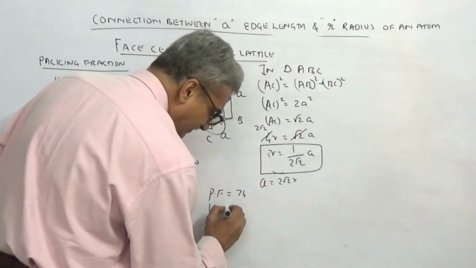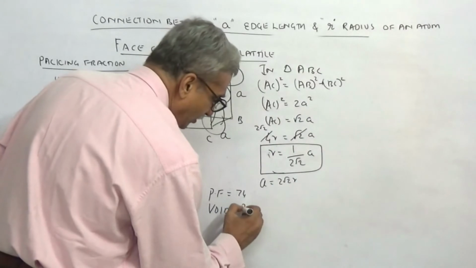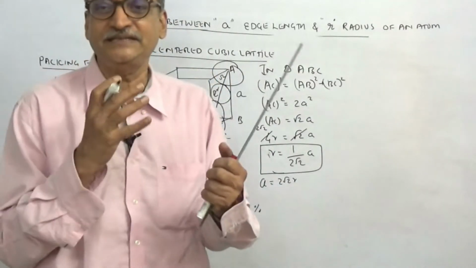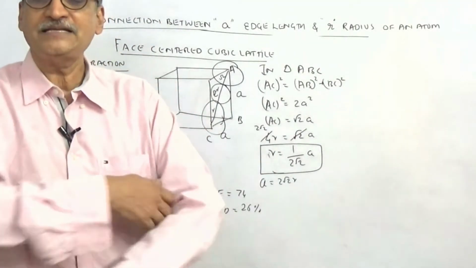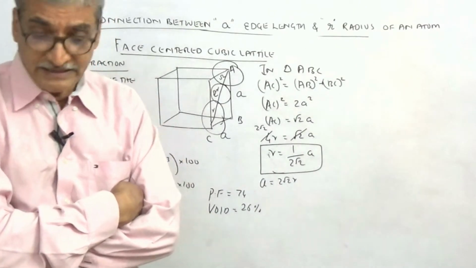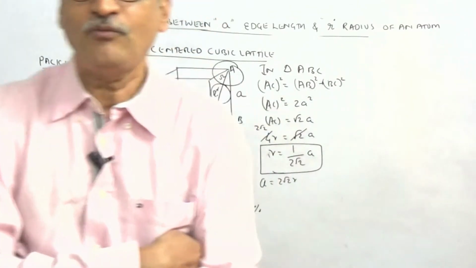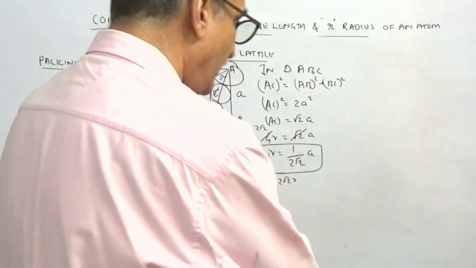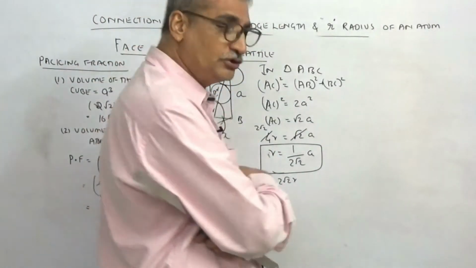So your void space becomes equal to how much? 26%. So as the number of atoms increases, what is happening? The packing fraction is increasing and the void space is decreasing. For 12th level, you are only supposed to study the cubic part of it.